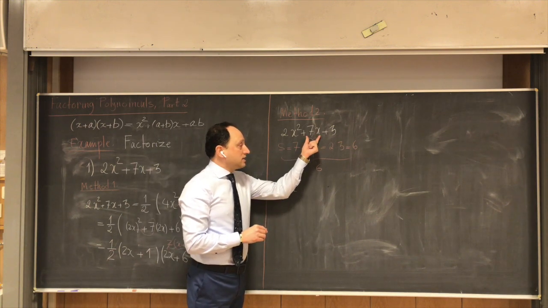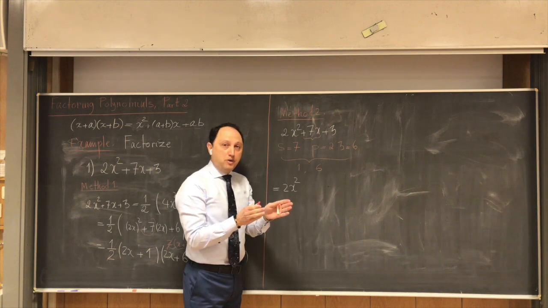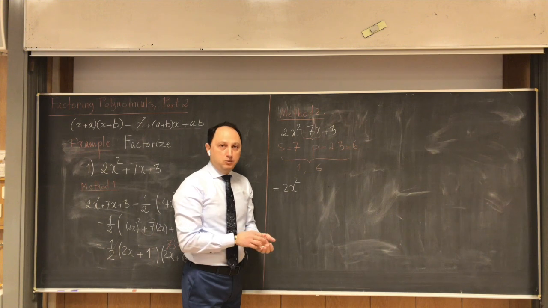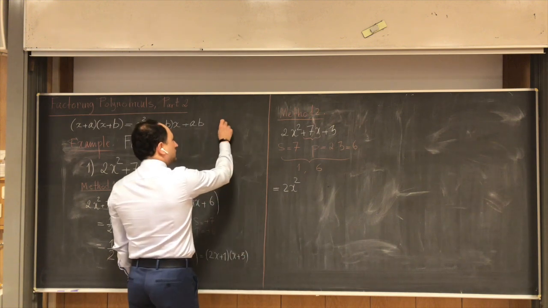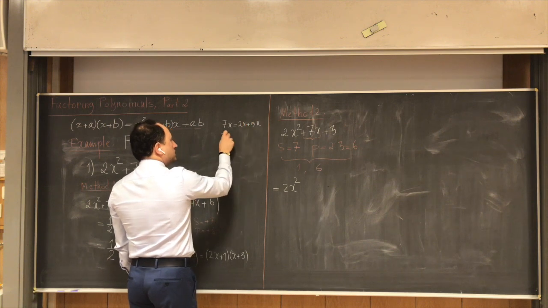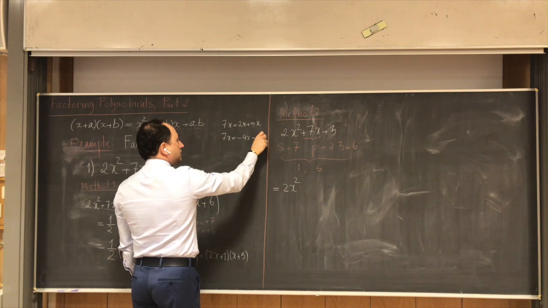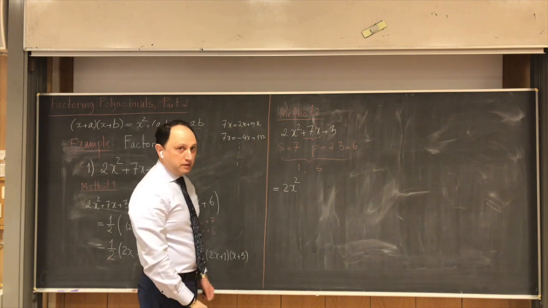So this 7x can be broken into the sum of 2 terms in infinitely many ways. For example, I can write 7x to be 2x plus 5x. I can write 7x to be, I don't know, minus 4x plus 11x. And this list will continue forever.